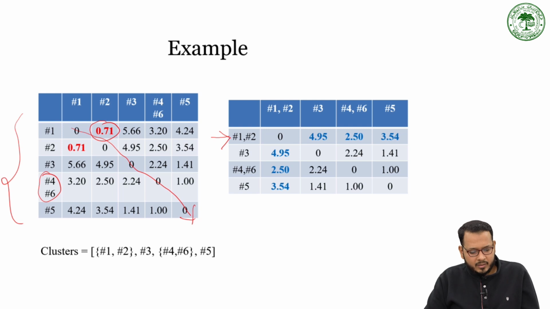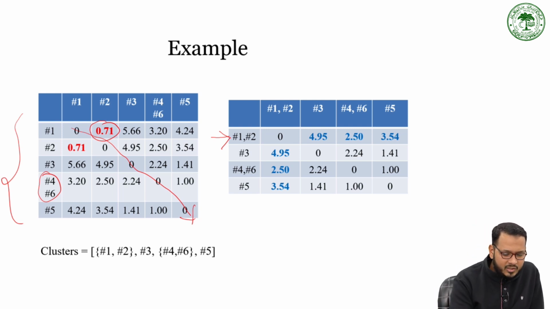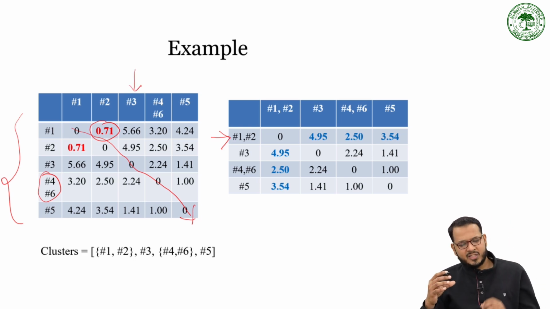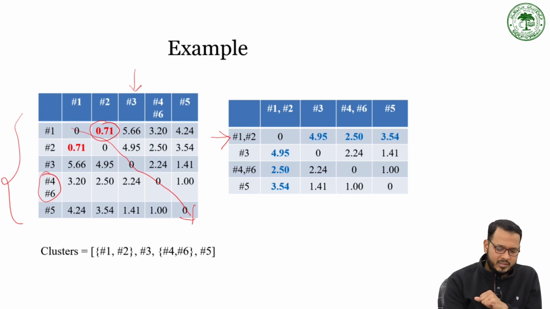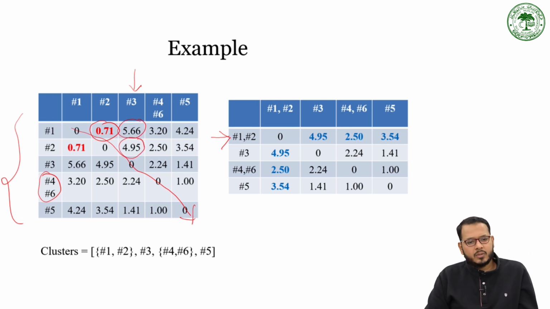For example, we want to know what should be the distance between cluster 3 and this newly created cluster of 1 and 2. We will see what is the distance of 3 with cluster 1 and cluster 2.